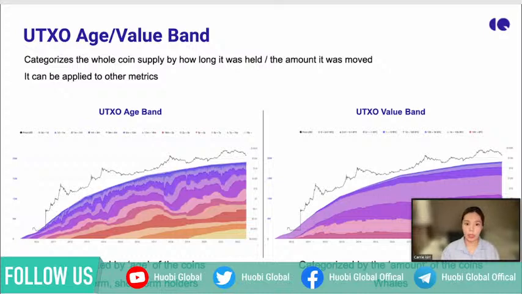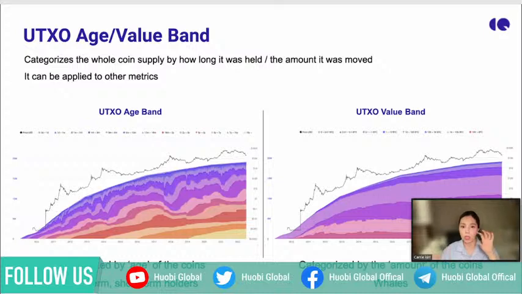And the value band is categorized by the amount of coins that were moved. If somebody bought 10 Bitcoins, then that check would say that 10 Bitcoin was moved. And we can get that information, so we can put it in the cohort. Each color represents a different age and value cohort.